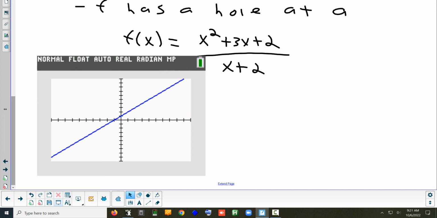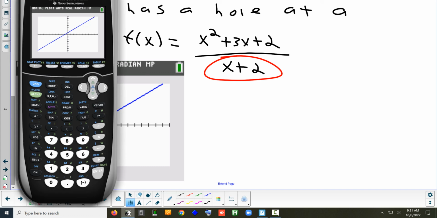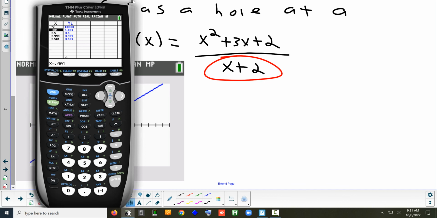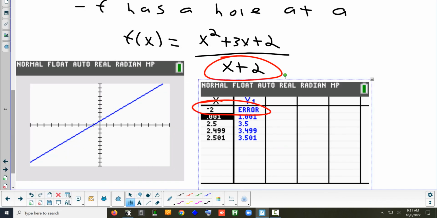Doesn't look like I did. But we know by looking at that, there is a number that you cannot use for x in this problem. What number are you not allowed to use? Yeah. You can't use -2. And if you try to use -2, the calculator will tell you that it's an error, but you can't see it.